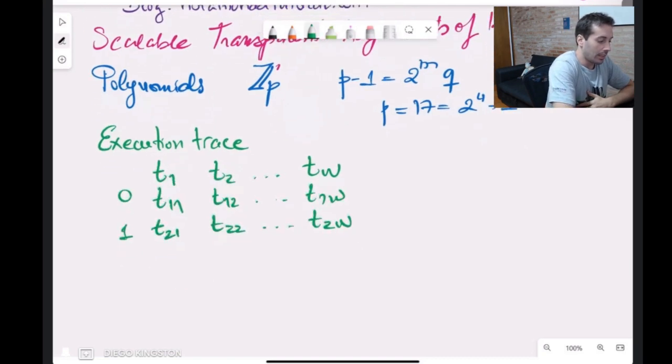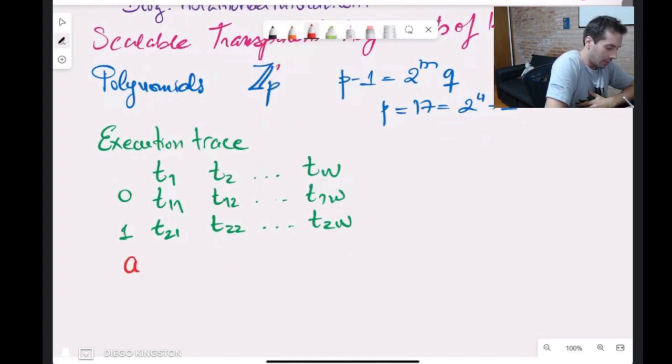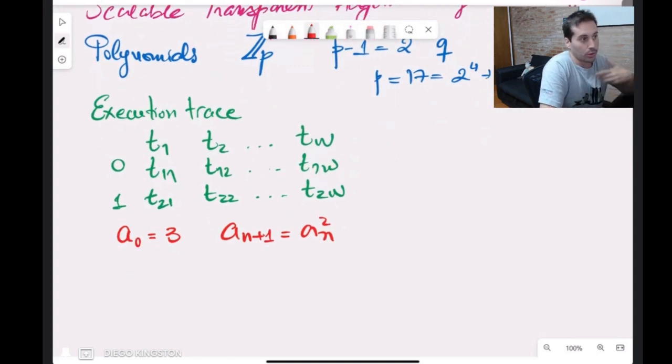We will deal with a simple example. Suppose that we want to compute the following sequence. We say A0 equals 3, and then A(n+1) is equal to A(n) squared. So what we are doing is calculating the square of the previous number in the sequence.